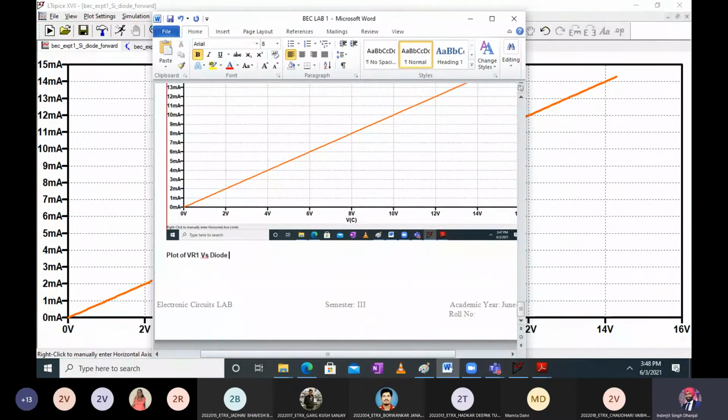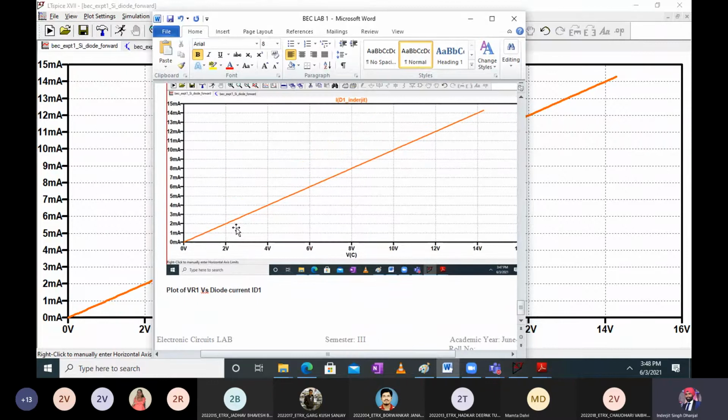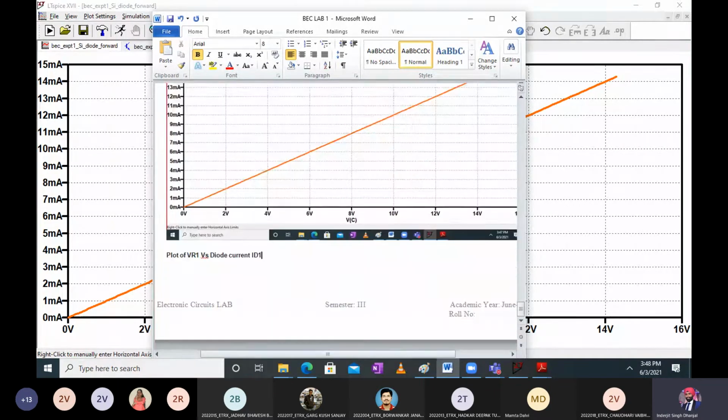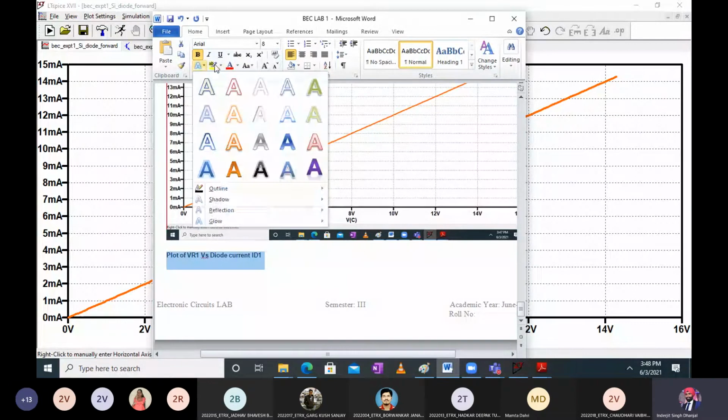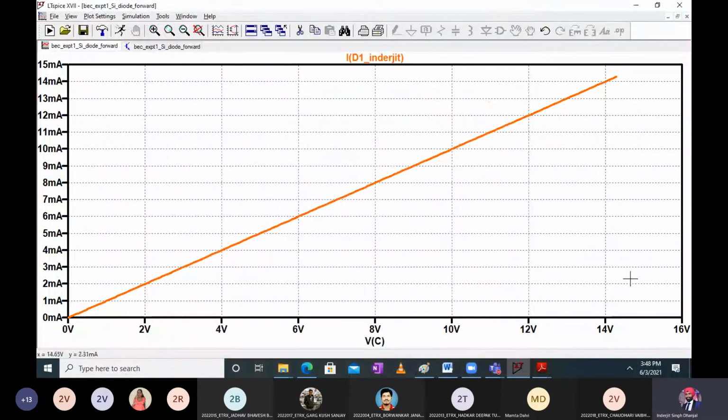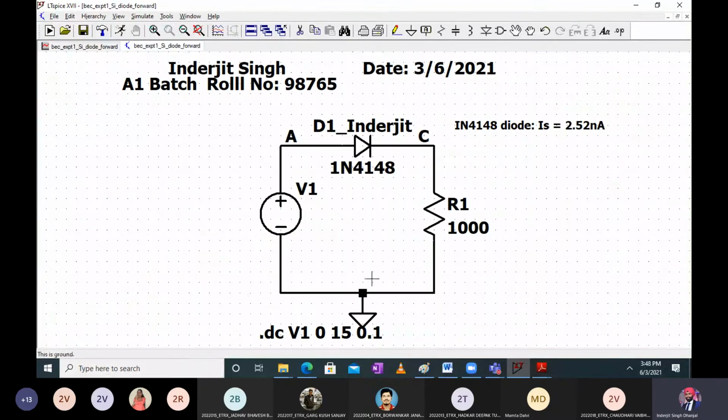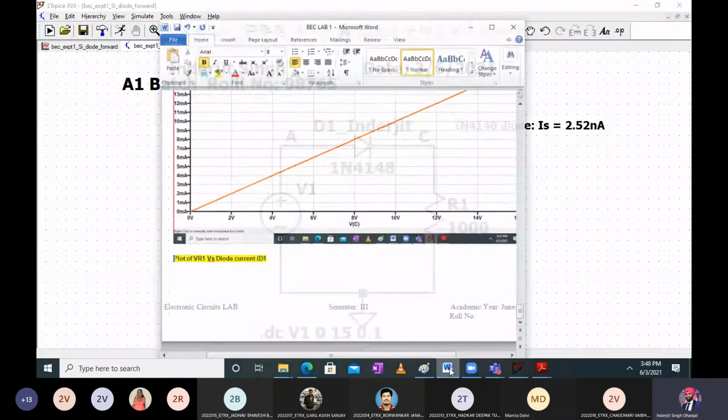Diode current you know by now, it's ID1, underscore your name. This graph also gives you a valuable amount of information. It shows the variation of the voltage across the resistor with respect to the current flowing in the circuit. Fine now. Everyone ready for the next part?